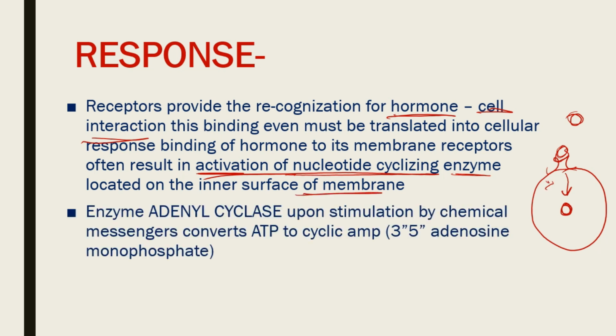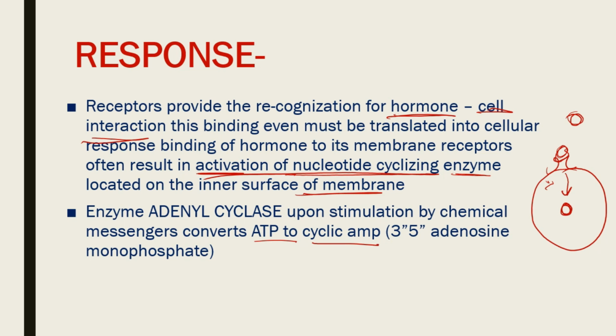Enzyme adenyl cyclase, upon the stimulation by the chemical messengers, converts ATP to cyclic AMP, that is 3,5-adenosine monophosphate. So in the membrane we have an adenyl cyclase enzyme located on the inner membrane of the cell, and this is activated by the conversion of ATP to cyclic AMP.